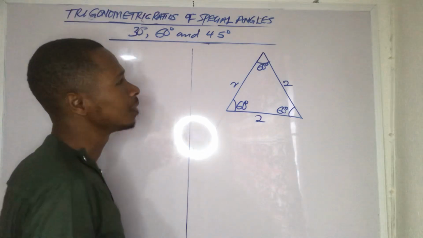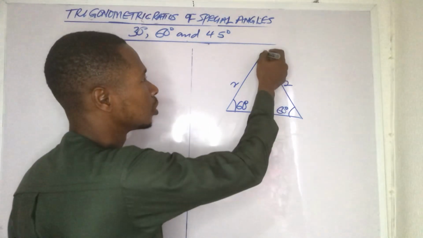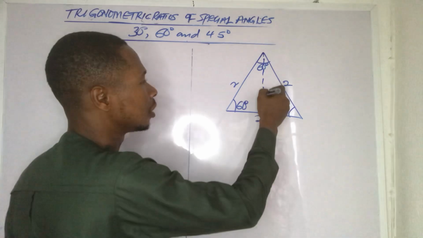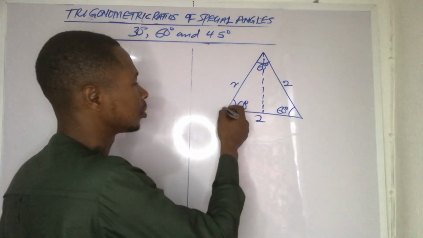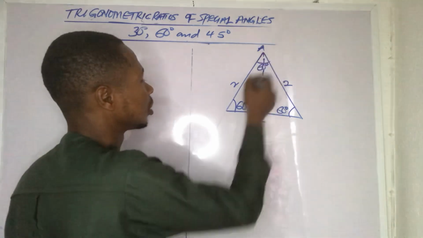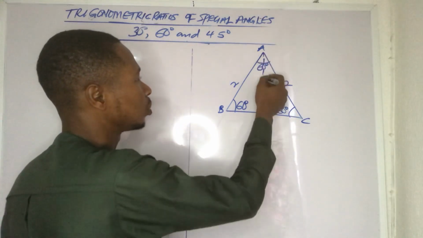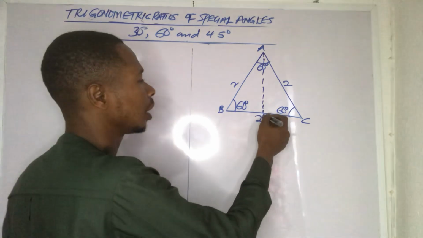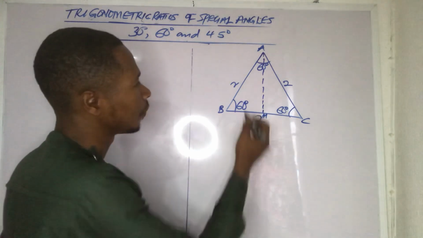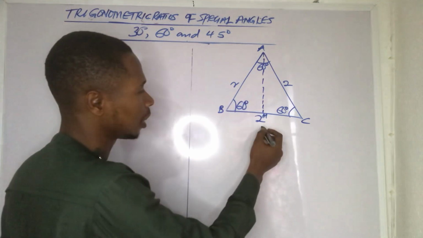Now, if I divide this equilateral triangle into 2 by drawing a line like this, let's say the triangle is A, B, C, and there's a midpoint M here. If I bring out this triangle, I have something like this.